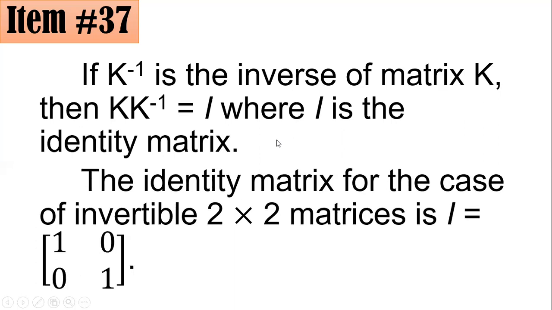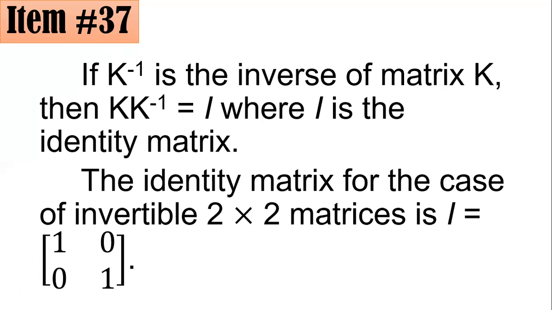The identity matrix for a 2 by 2 matrix has 1 in the main diagonal, and the rest of the elements should be 0.